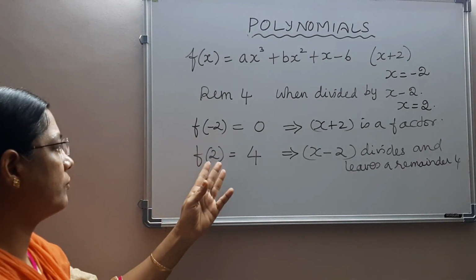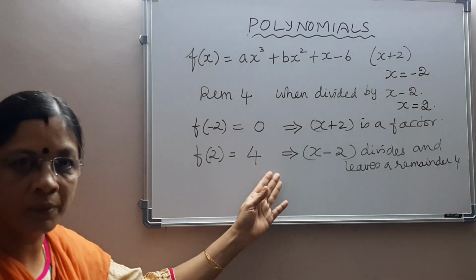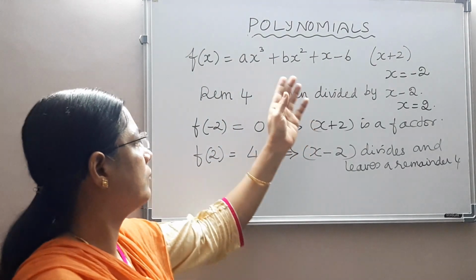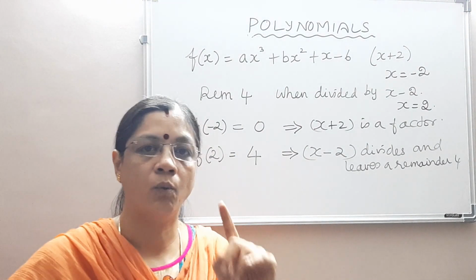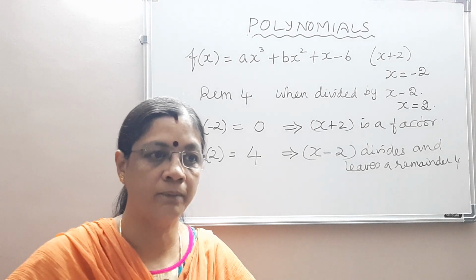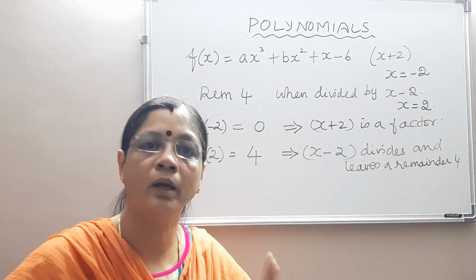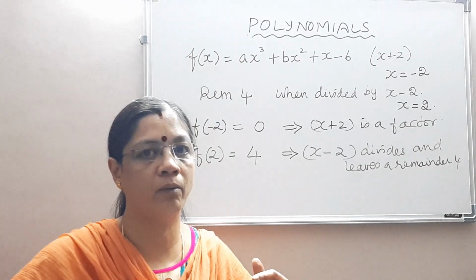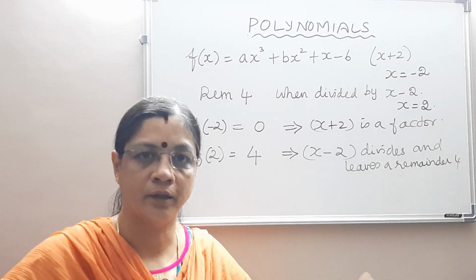So I need to find f of minus 2 and f of 2, equate them to 0 and 4 respectively, and find the values of a and b. Now whenever you are given two unknowns, as opposed to the previous problem where only one unknown, a, was given and you had only one condition, that the linear polynomial divides the biquadratic polynomial exactly, one condition is enough to find one unknown.